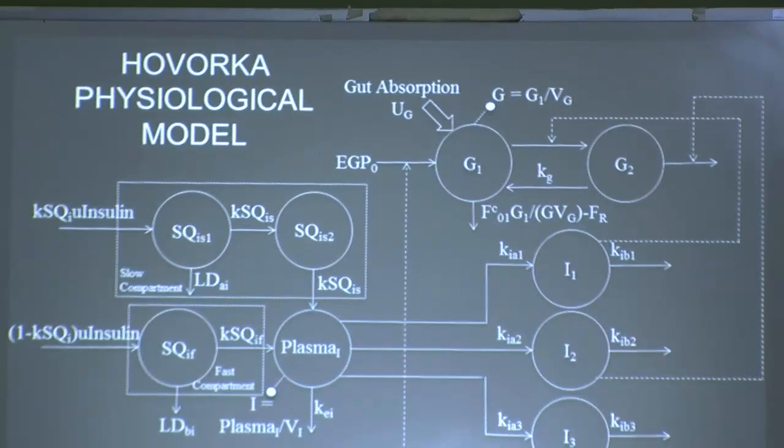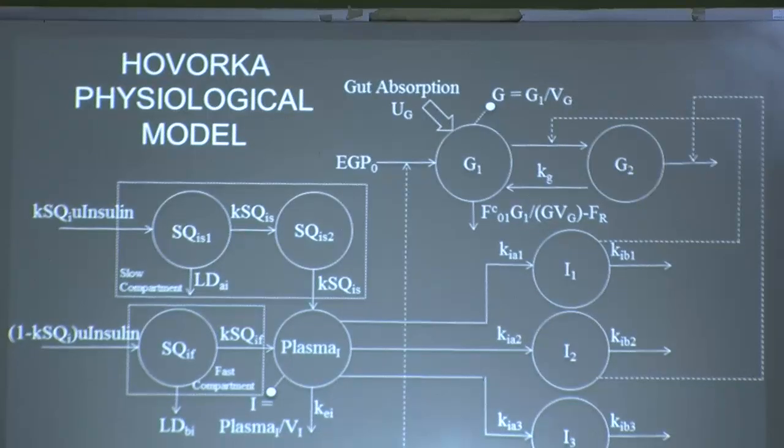However, these compartments represent insulin action subsystems, and they're obtained by fitting. Because it's a three-compartment model, it's not a first-order system. So then you add compartments to fit higher-order systems, and this is what this three-compartment chain represents.